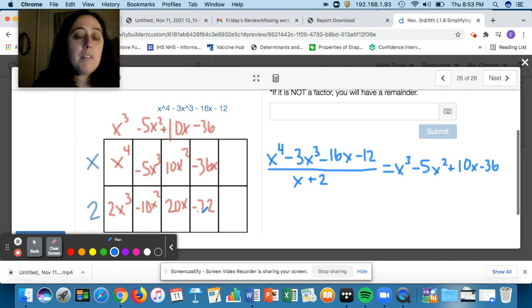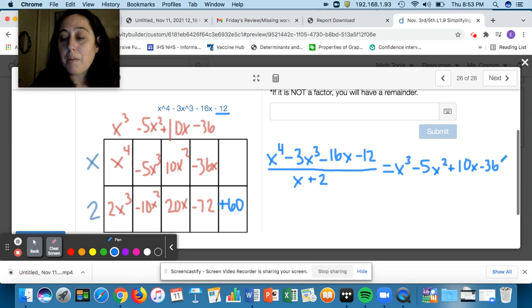Now the question is, how do I get the negative 72 to become a negative 12, which is what I have in the problem? I have to add 60 to that to change it into a negative 12.